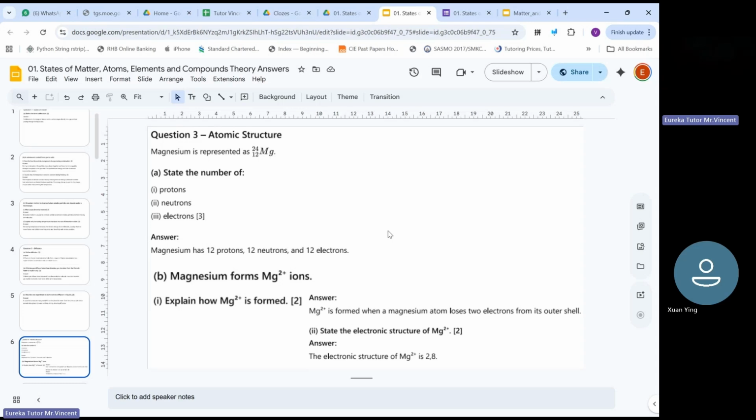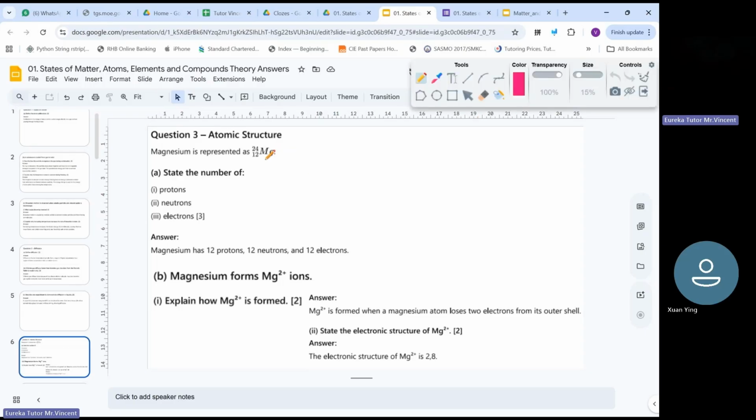Normal, simple calculation. Okay, so from here, let me write down for you. This is 24 minus 12, so equal to 12. Be careful, this 12 refers to the neutrons. And this bottom number is actually telling us there are 12 electrons and 12 protons. That's it. Then the question asks how Mg2+ is formed.